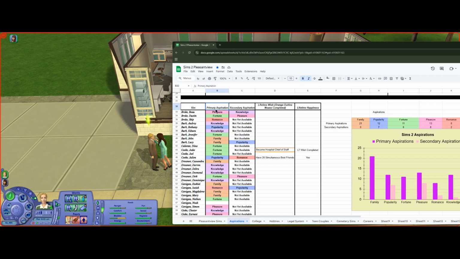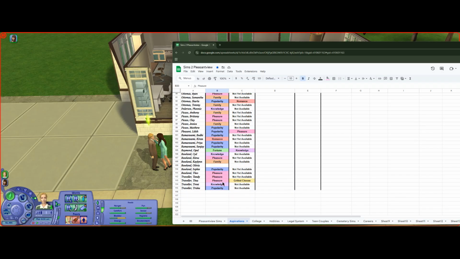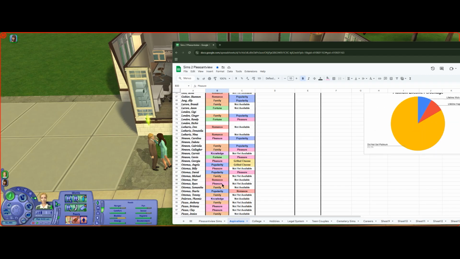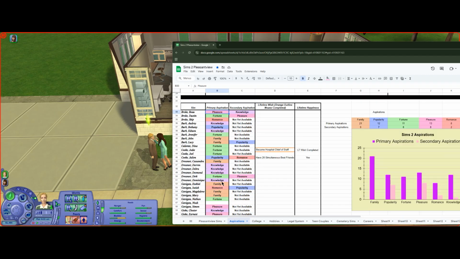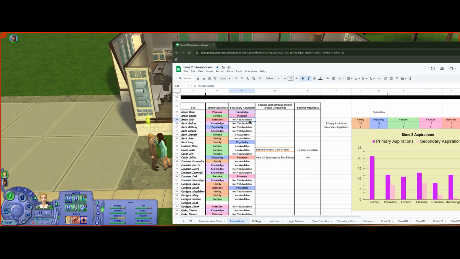We have our primary aspiration column here. I color coded each one to find it easier. And it lets me know exactly which aspiration is the most popular in Pleasantview. We got our secondary aspiration as well, and it's also color coded. Some of them say not yet available, and that's because they're too young and they haven't gone to college and graduated yet.